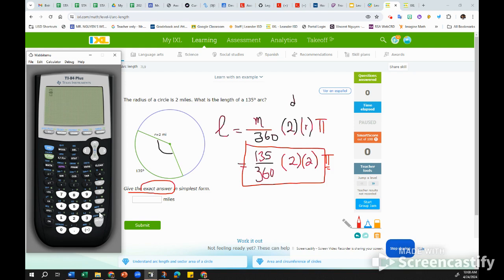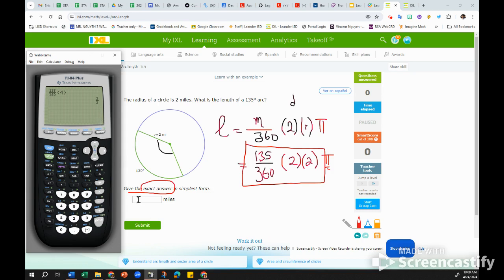That will give you the little fraction bar. You can type 135 over 360, and move out to the end and do parentheses 2, parentheses 2. Or you can just do parentheses 4, because 2 times 2 is 4. Hit enter, and you'll get 3 over 2. That is the simplified fraction.